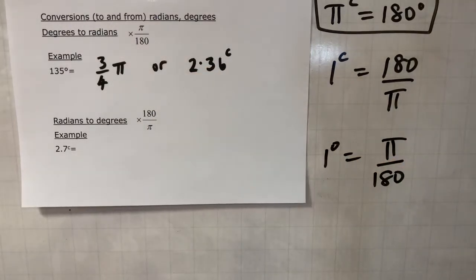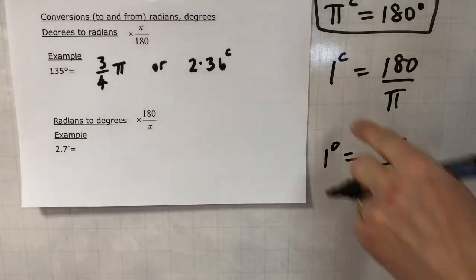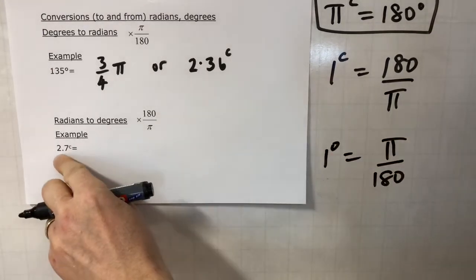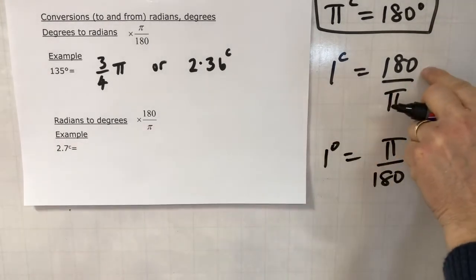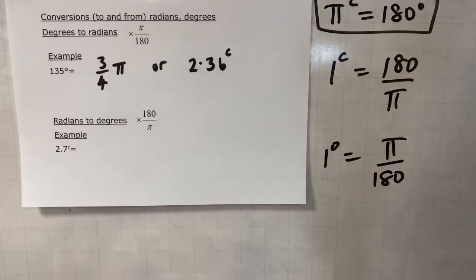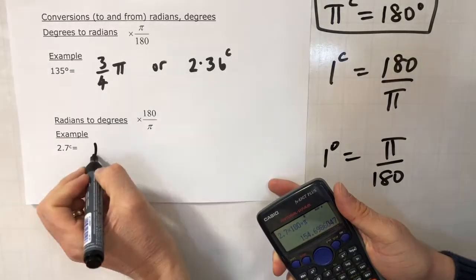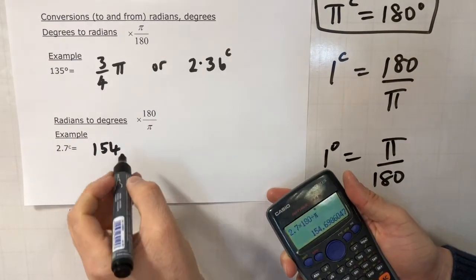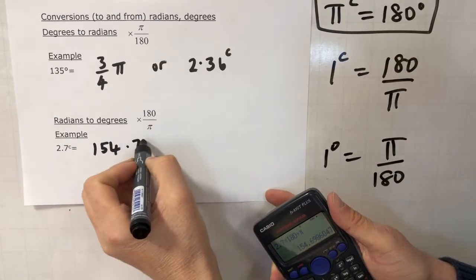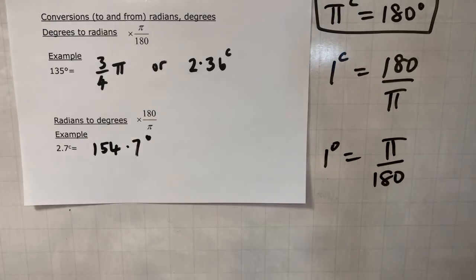The same is true for radians. If we know what 1 radian is, to work out any quantity of radians, we times by what 1 is worth. So 2.7 times by 180 divided by pi, out comes 154.7 degrees rounded off.